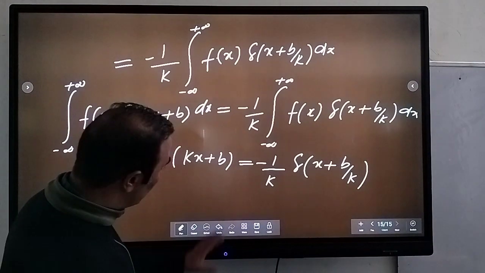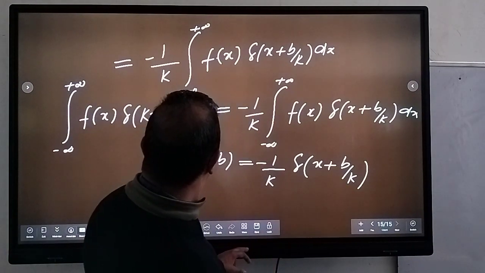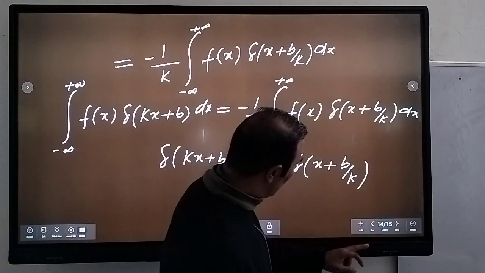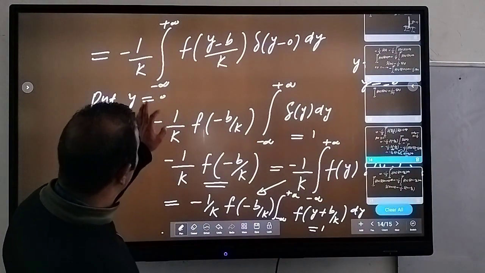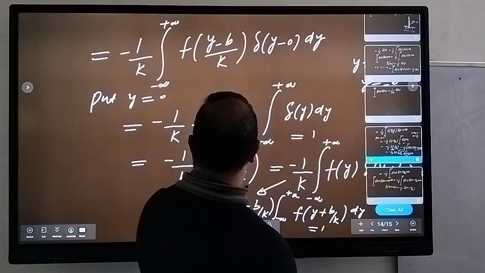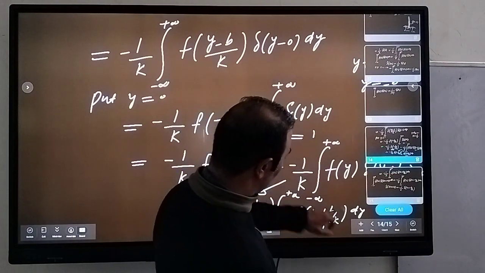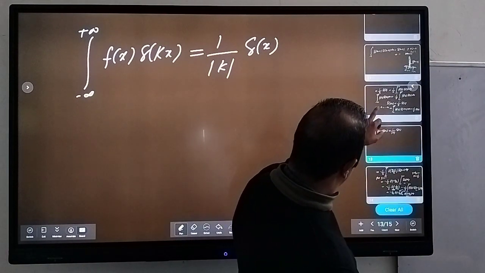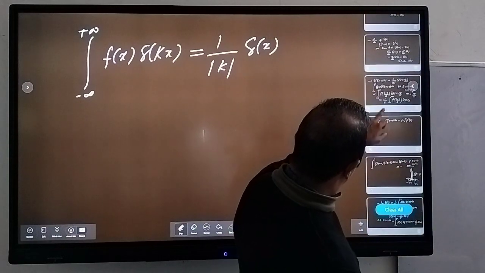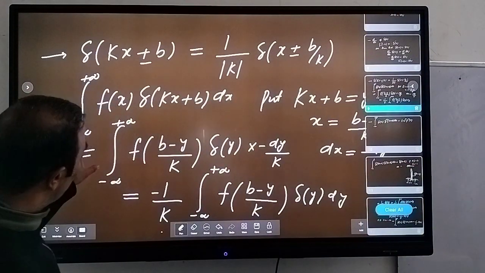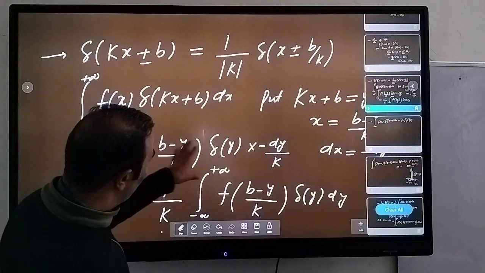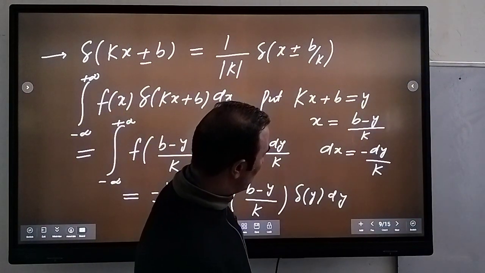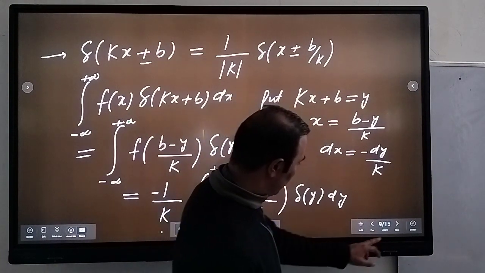Okay, so that's minus, because it's minus here, x minus b. Oh, that's correct, because just check it. So when we put that, this term, this one. Is it minus here? So this is f of what, dy. So dx is equal to minus dy by k.